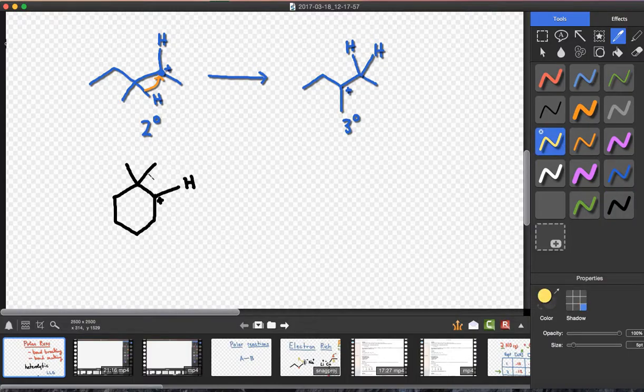Now I'm going to have a 1-2 methyl shift, where the methyl group with its electrons shifts, and of course the carbocation will also shift.